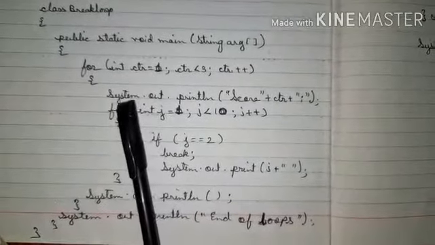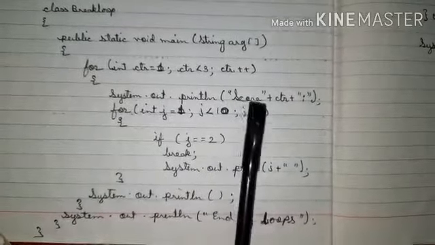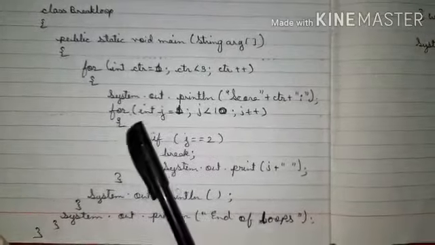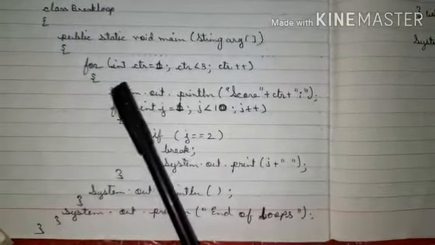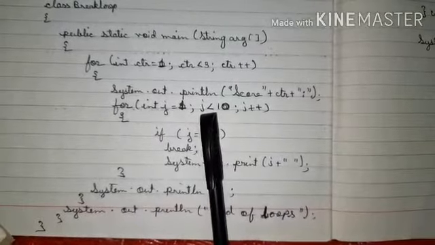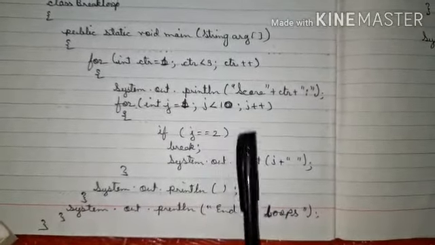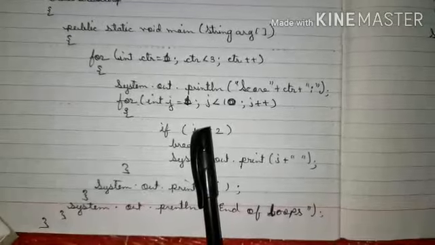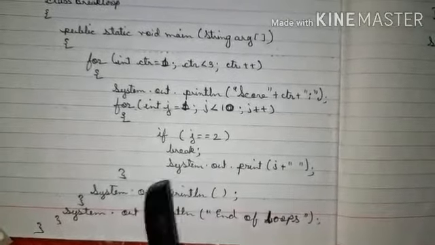Then System.out.print score equal to CTR is written, and inside the CTR loop there is a J loop which is going to continue 1 to 9, but here there is a condition that when J becomes 2, it will come out of the loop.